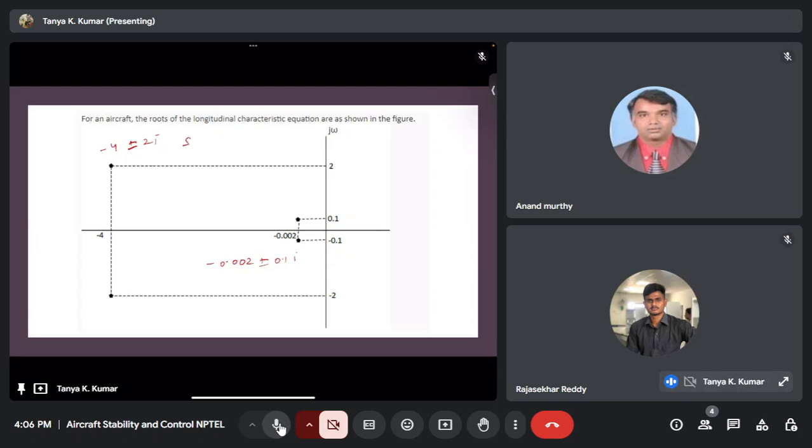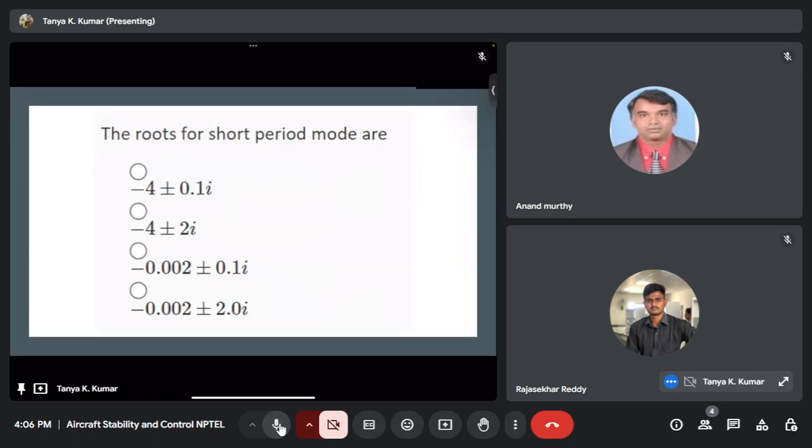This is short period, right? The magnitude of the real part is larger here, and this is the long period. Okay, let's look at the first question. The roots for the short period mode are. We just discussed this, so it's this one.